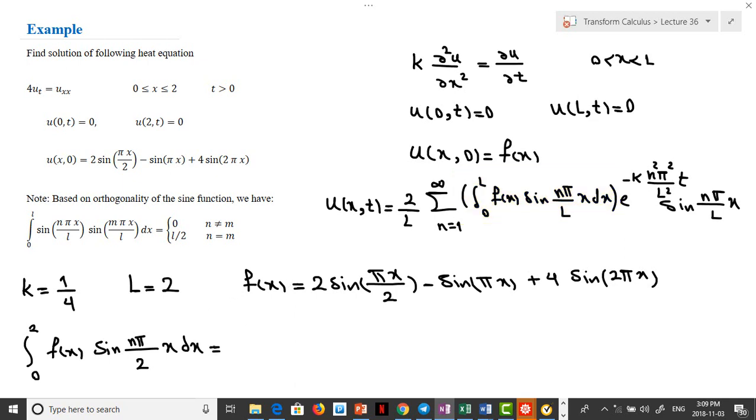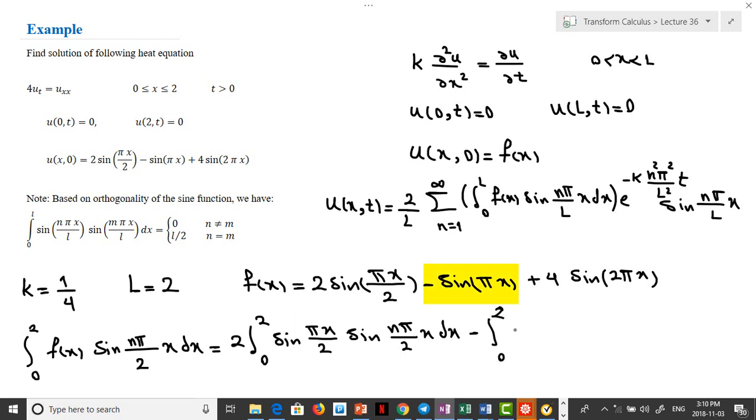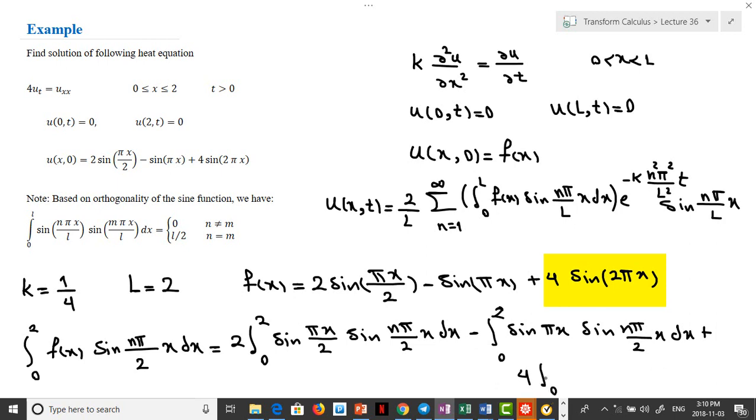If I plug f of x into this integral, it is equal to 2 times the integral from 0 to 2 of sine pi x over 2 times sine n pi over 2 x dx, minus the integral from 0 to 2 of sine pi x times sine n pi x over 2, plus 4 times the integral from 0 to 2 of sine 2 pi x times sine n pi over 2 x dx.